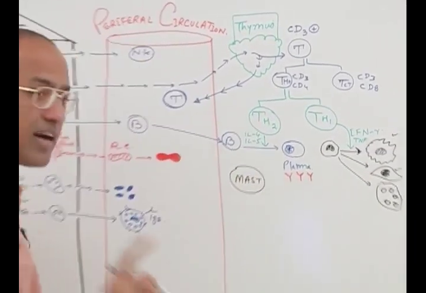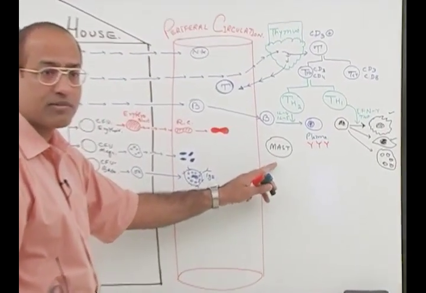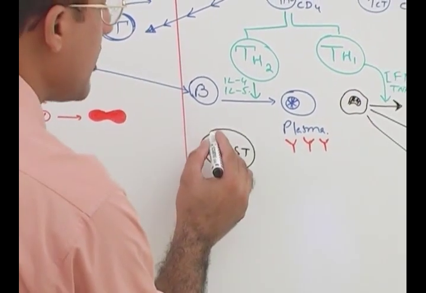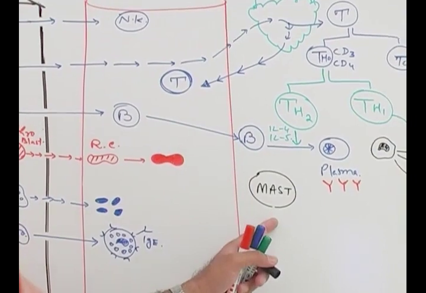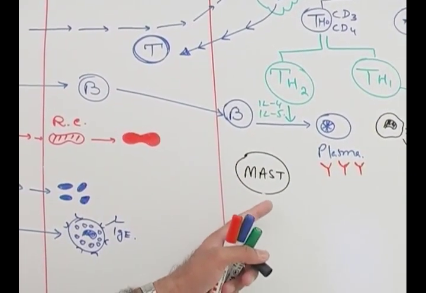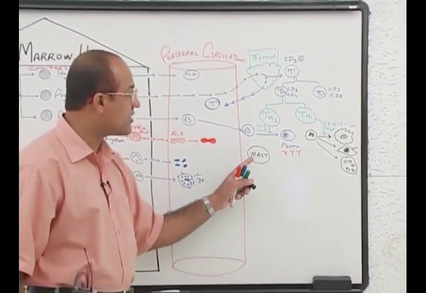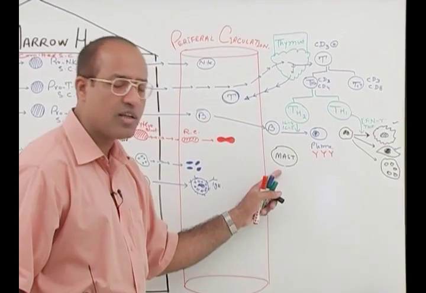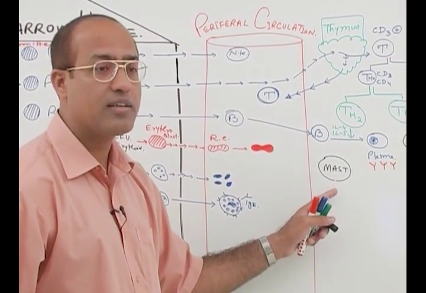Mast cells are also derivative of bone marrow, right? And these mast cells are present in all the connective tissue all over the body. Mast cells are especially concentrated under the skin, under the mucosal linings, and in the connective tissue around the blood vessels and around the neurons.